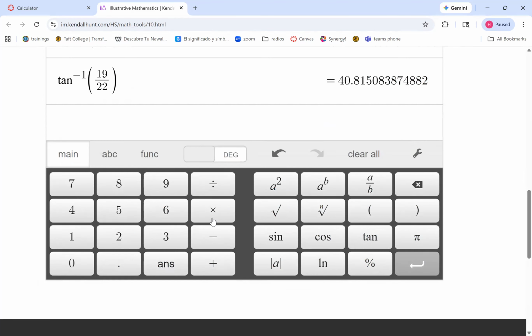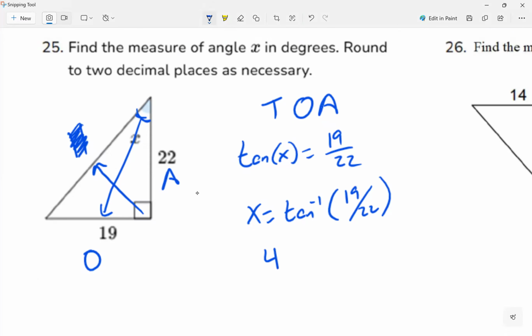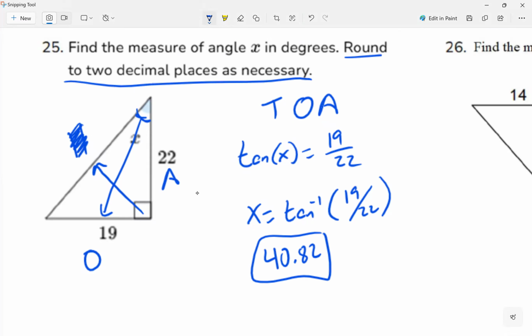Let me come back here to our notes. My answer is 40.82. I rounded to 2 decimal places because that's what the instructions said. Round to 2 decimal places as necessary.